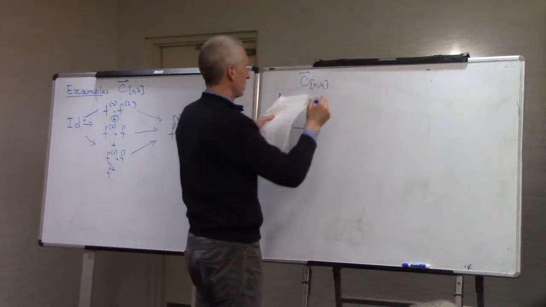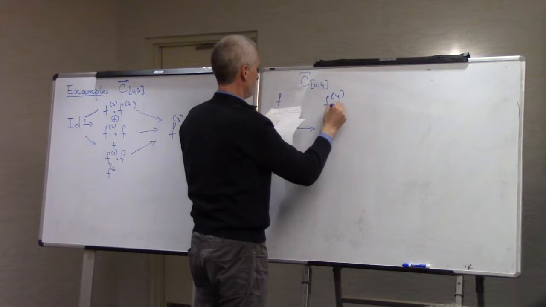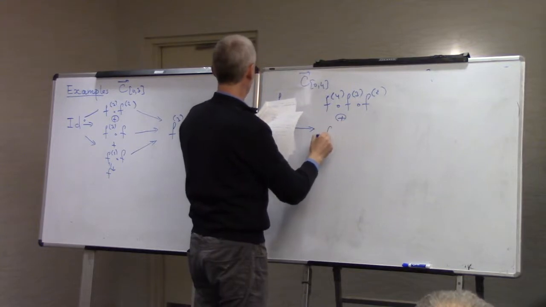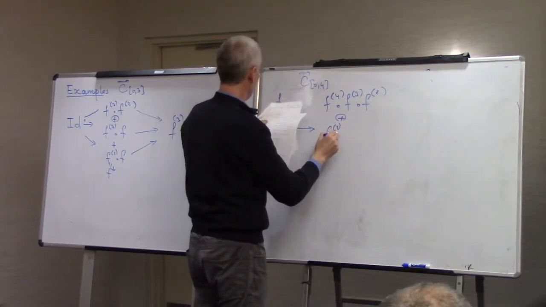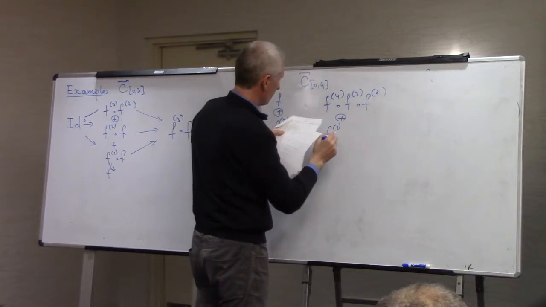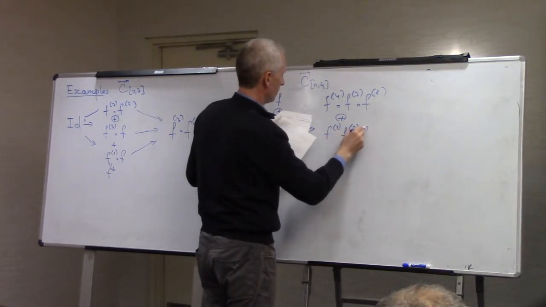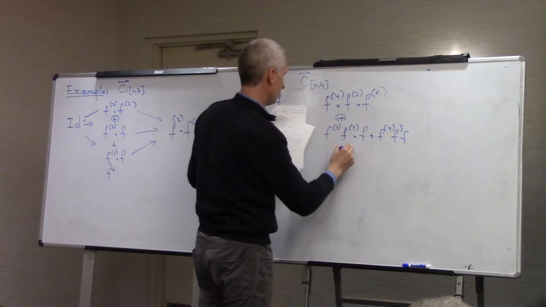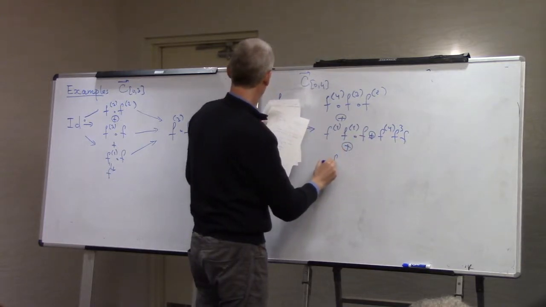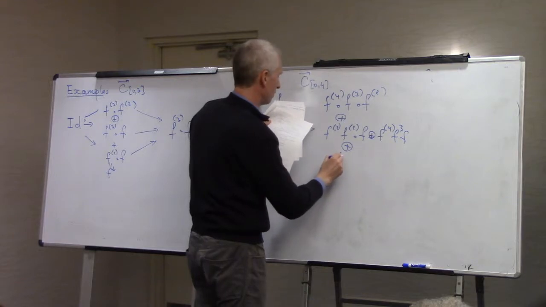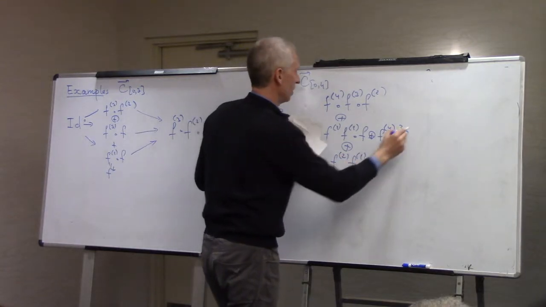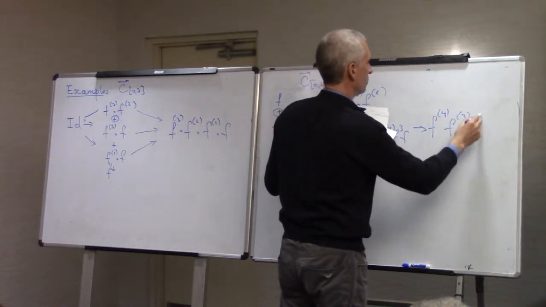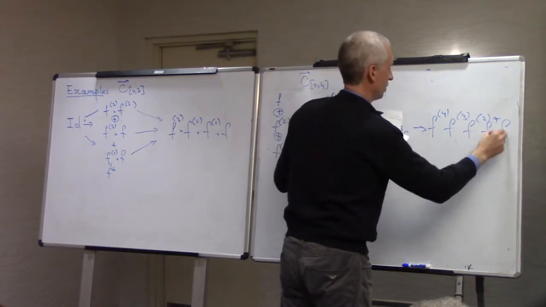If I recall correctly, it would be F4 composed with F3 composed with F2, plus F4 composed with F1 composed with F, plus F4 composed with F3 composed with F, plus F2 composed with F1 composed with F, and this will go to the full composition F4, F3, F2, F star is F1.